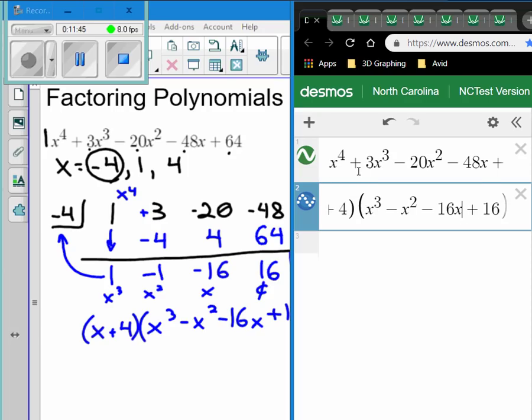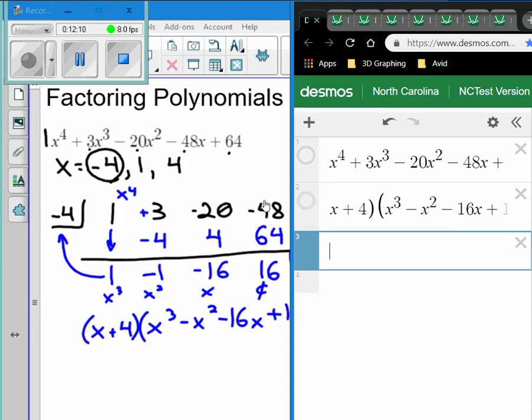And I see that the graphs overlap. So that tells me that these two are indeed the same. So I want to temporarily turn them off. And then what I'm going to do now is graph this back half.